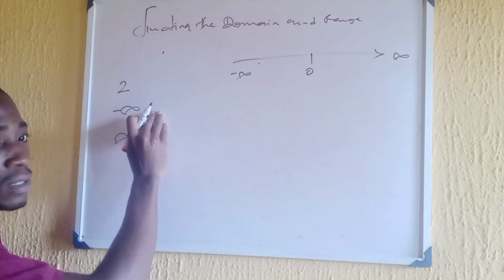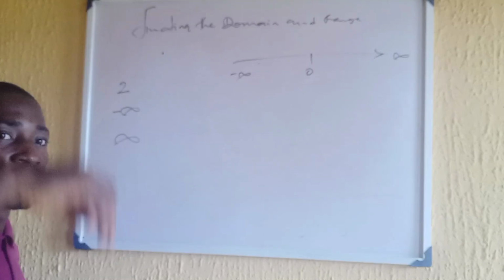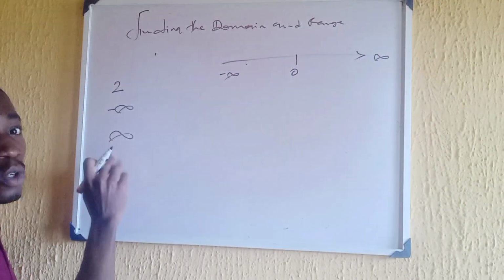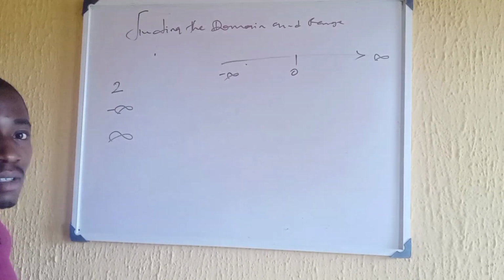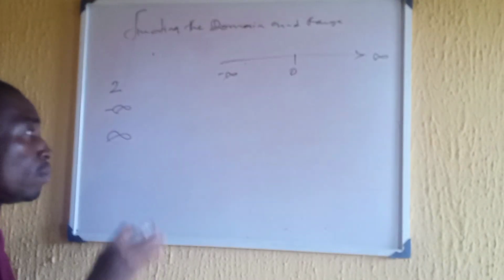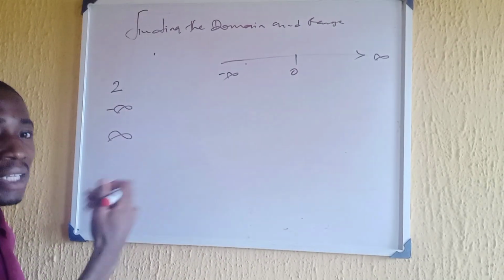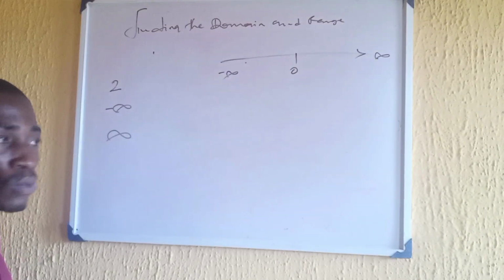So what this means is going towards the negative direction without limits. Whereas this one means going towards the positive direction without limits. So you can pick any number in the positive direction. You can pick any number in the negative direction. Whereas this one is a specific number 2.